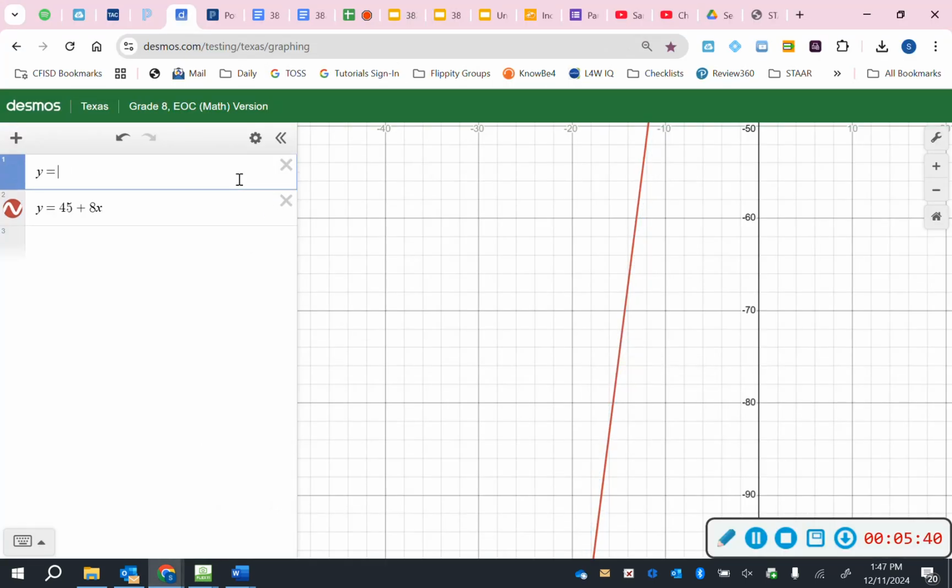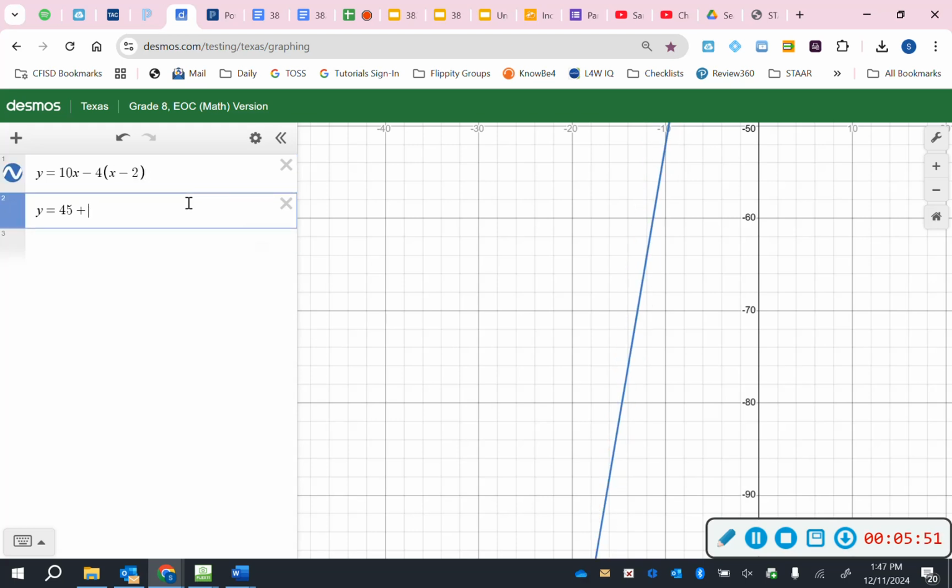So y equals 10x minus 4, parentheses, x minus 2. And then here y equals 12x plus 7, parentheses, x plus 3.